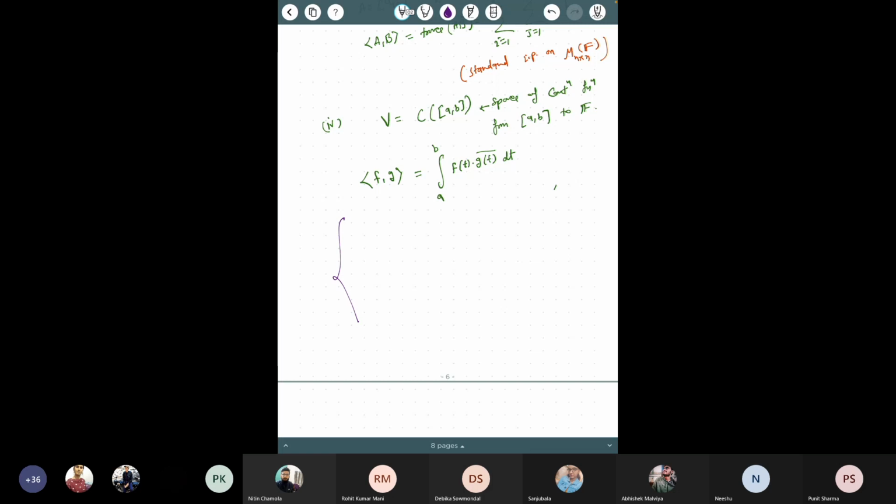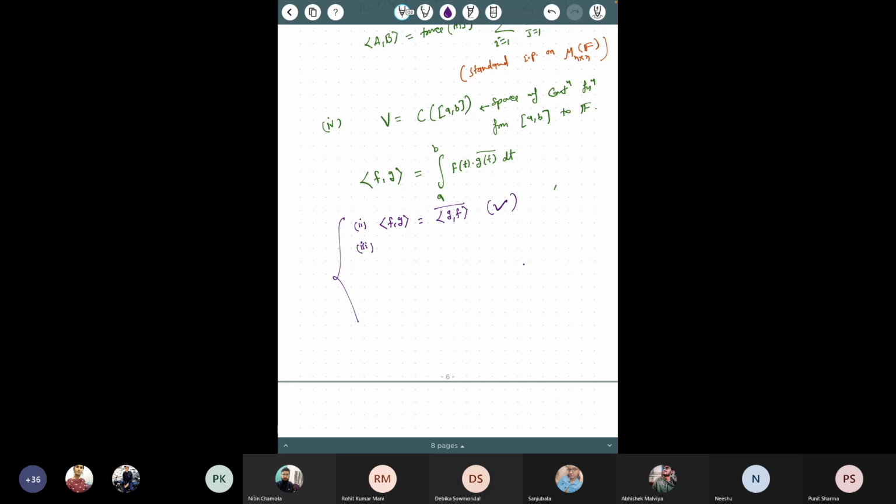You can verify that the last three properties are very straightforward to check. They follow by using the properties of an integral. For example, the second property, the inner product of f and g, that is conjugate symmetry, easily follows by a simple calculation.